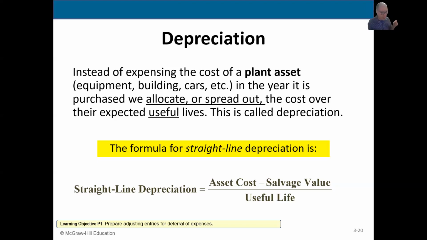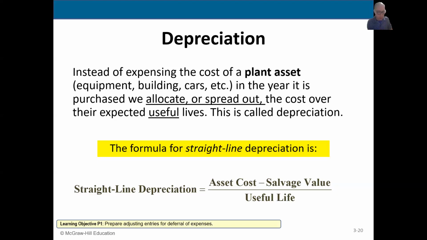Let's say the useful life according to the IRS is that your car will last 5 years. So the $25,000 minus the $8,000 divided by 5 years. That gives you the straight line depreciation amount per year.